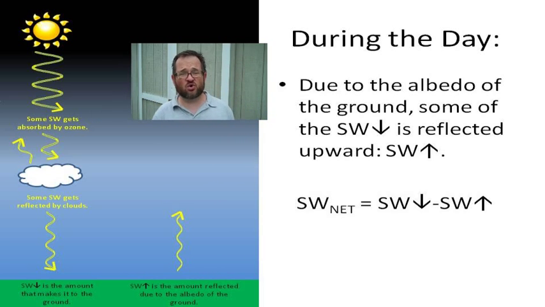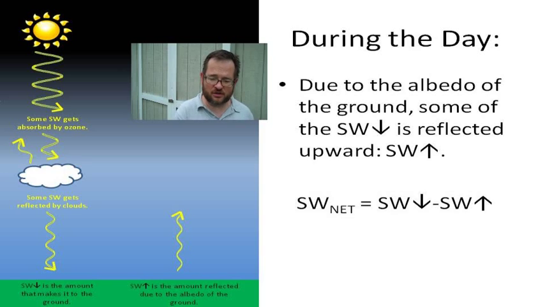The net shortwave radiation is the difference between the two. Shortwave down minus shortwave up will be the net shortwave radiation. That is the amount of radiation that hit the surface of the Earth and was absorbed. How do I know it was absorbed and not, say, transmitted? No solar radiation is transmitted through the surface of the Earth. If you go even a centimeter down into the ground, it's dark.